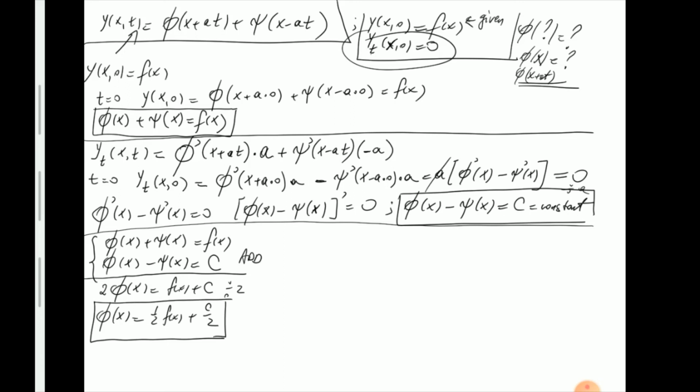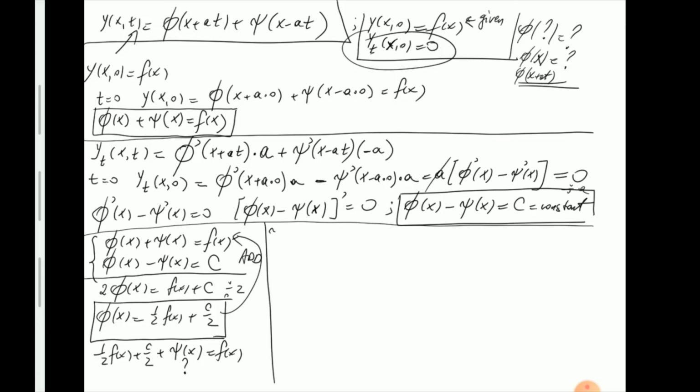Now we can go back to one of these equations and find psi. So we can go back to the first, plug in 1/2 f of x plus c over 2 for phi, and then get psi by itself.